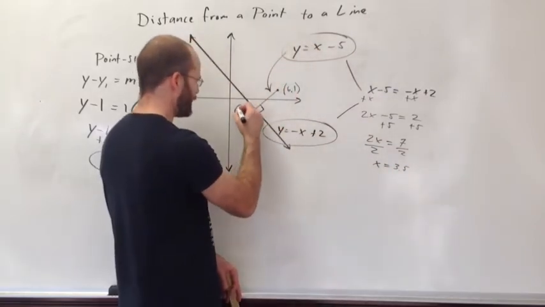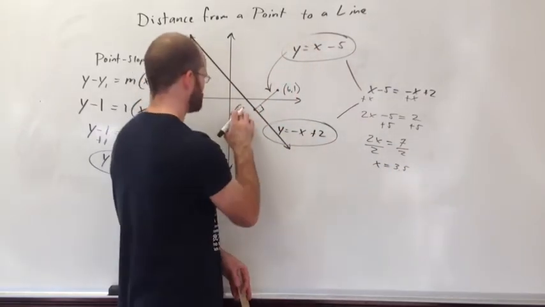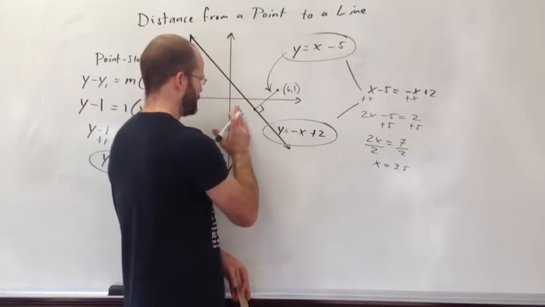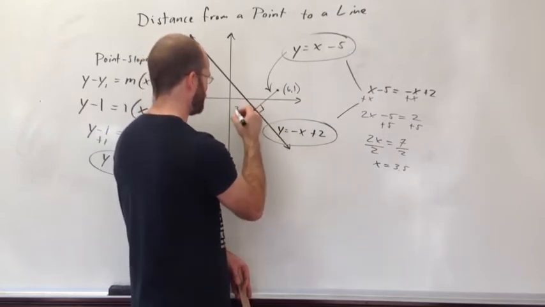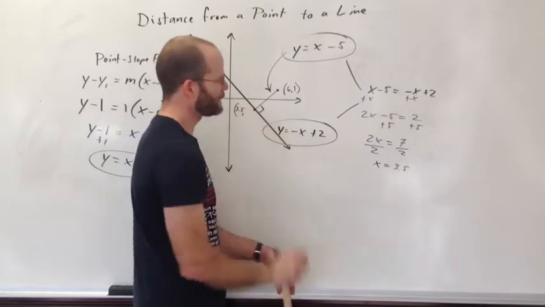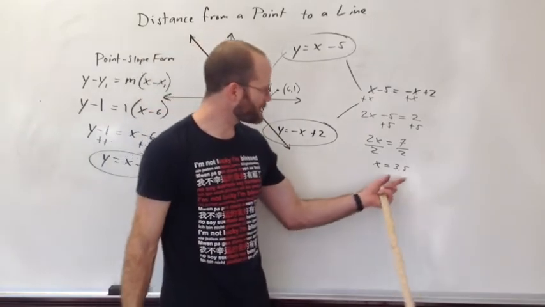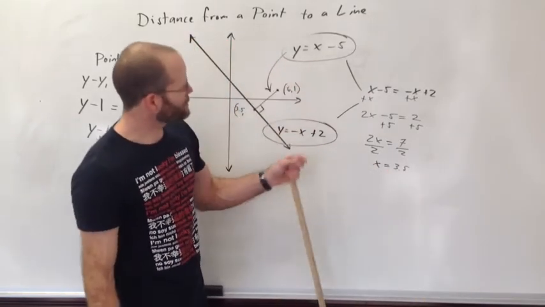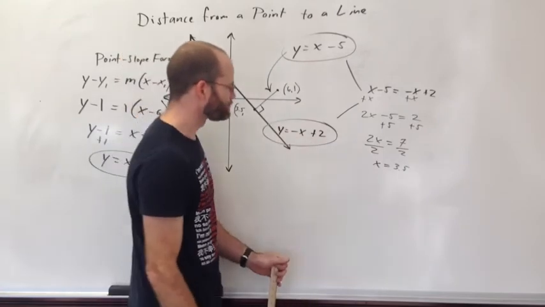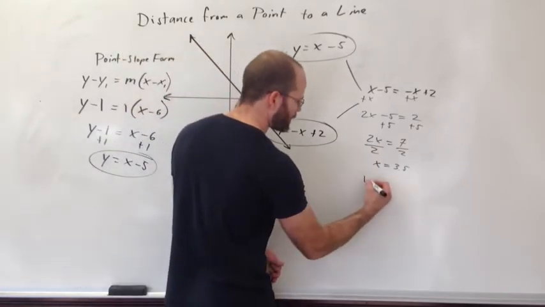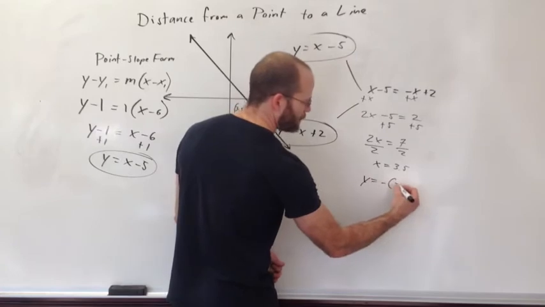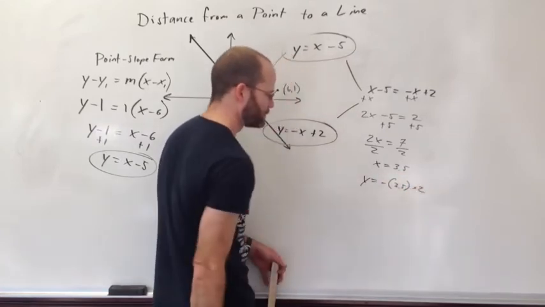That's my x value here. So the coordinate will be 3.5 for x. And now we need to solve for y. How do we solve for y? We just take x and plug it into either one of these equations. We can just plug it into this one right here. We have y equals negative 3.5, that's my x value, plus 2.